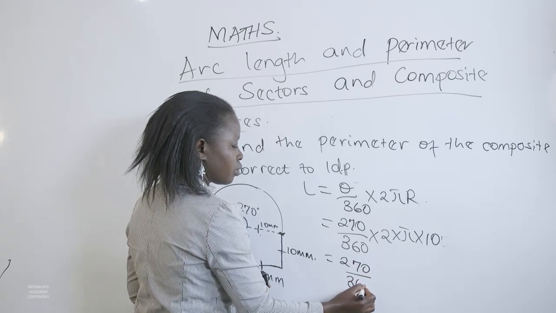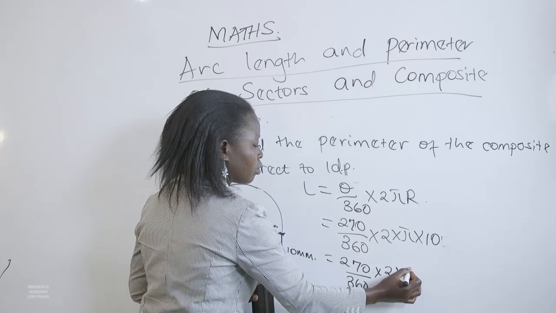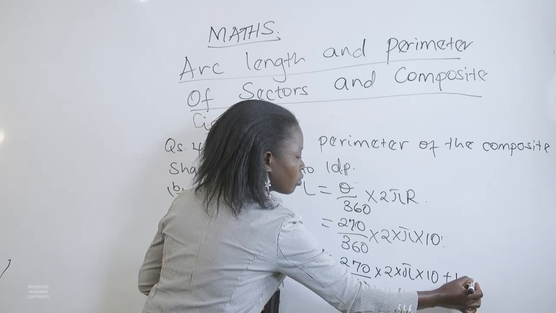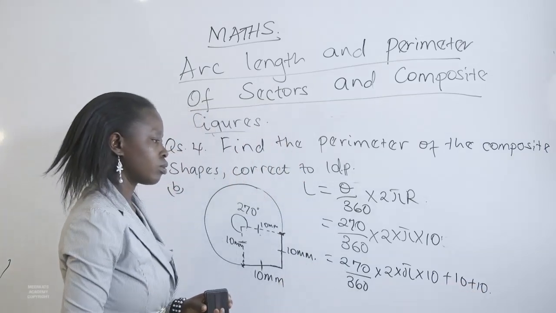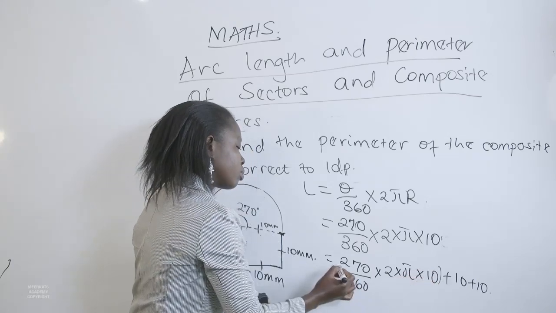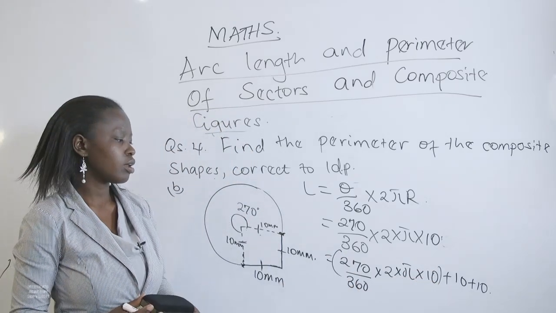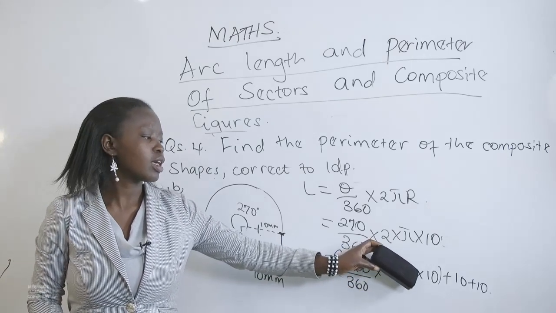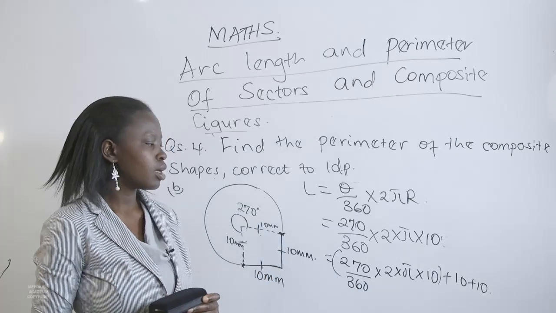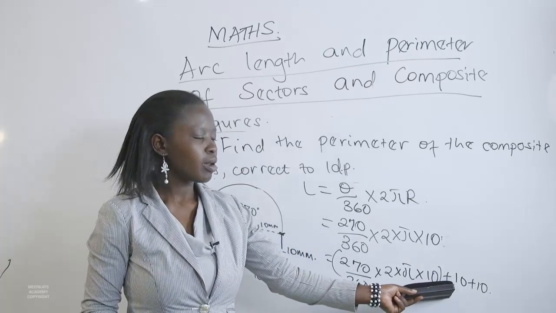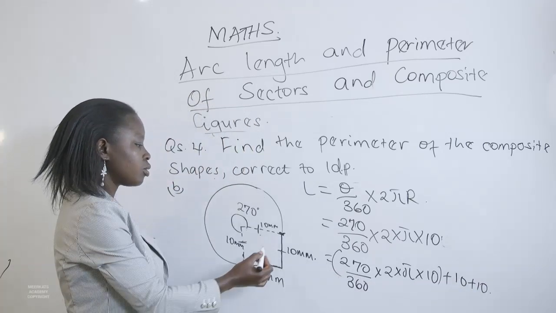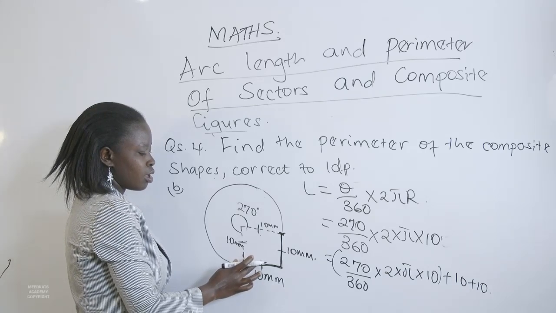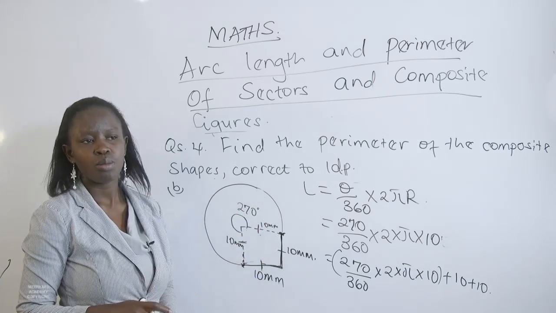So from there, the perimeter of that given figure will be 270 over 360 times 2 times pi times 10, which is the radius of the given arc, the given sector, plus 10 plus 10. The two 10s are given by these sides, the two sides that are giving us the 10 millimeters.